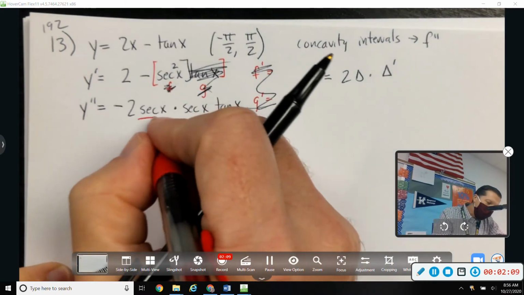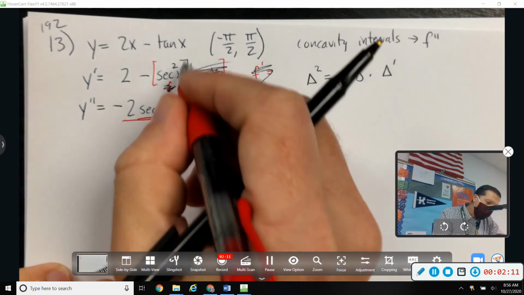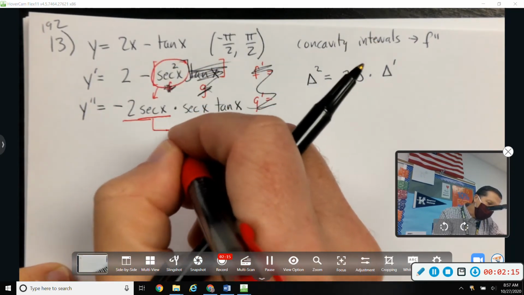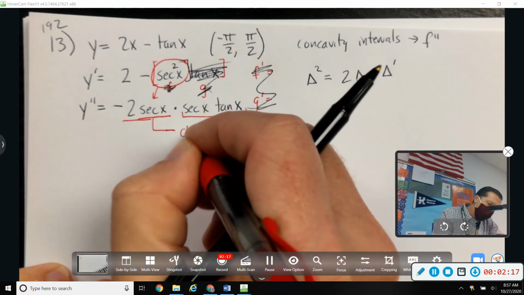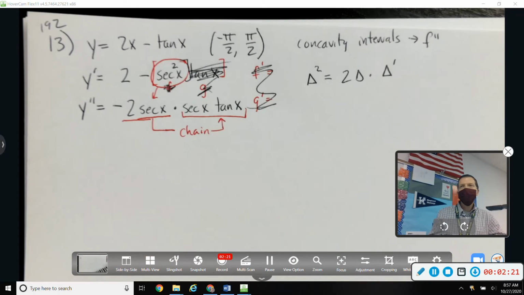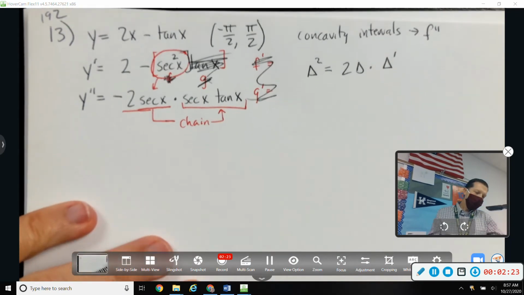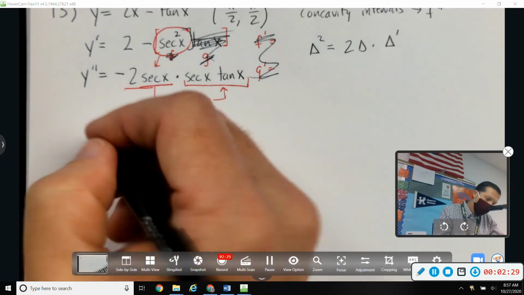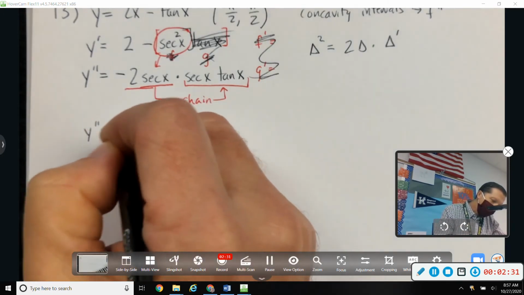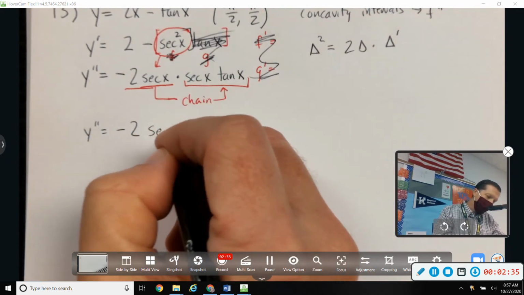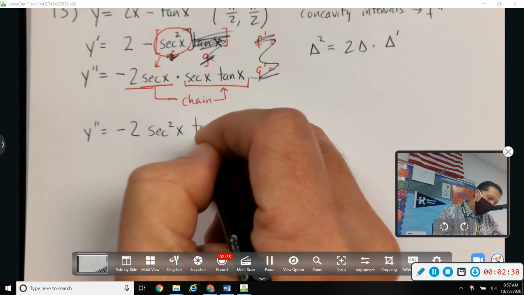The 2 secant x is the derivative of secant squared, and then the chain rule gives us the secant tangent part. Are we okay with that? Especially after I messed it up to begin with? So the second derivative is negative 2, well, secant squared shows back up here. Secant squared x, tangent x.